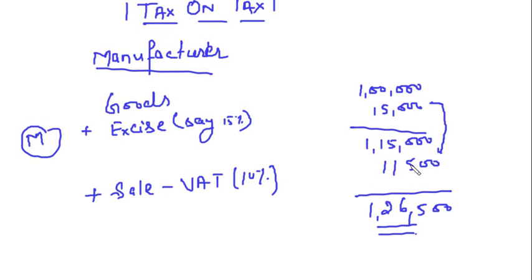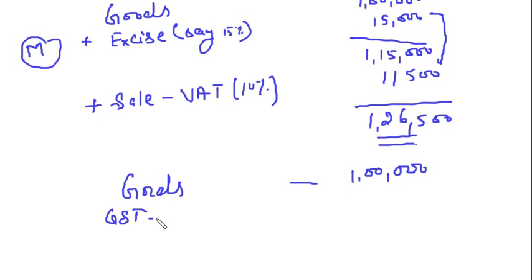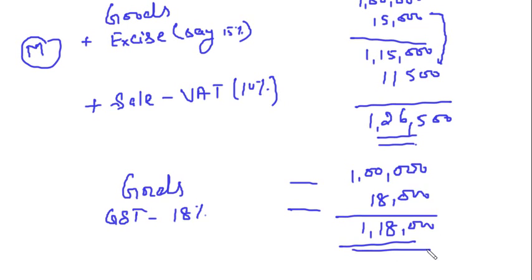Now if you see the current scenario, if I talk of GST, suppose you produced goods worth rupees 1 lakh. On the manufacture you don't have to pay anything. Say the GST is 18%, so you have to pay 18,000 only. 1 lakh 18,000. So there is no cascading effect. There is no tax on tax. Why was the value increasing earlier? Because we were paying tax on already paid tax.